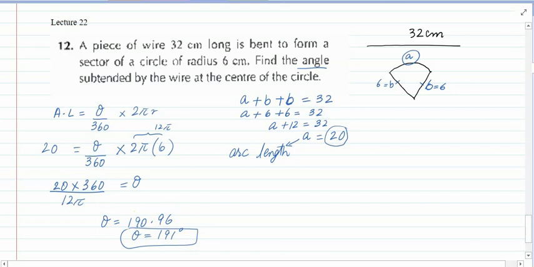I hope that you got an idea regarding the question. This part in this question, this part is most important. If you interpret this condition correctly, then to solve it is easy, right? So this part is an important one in this question.